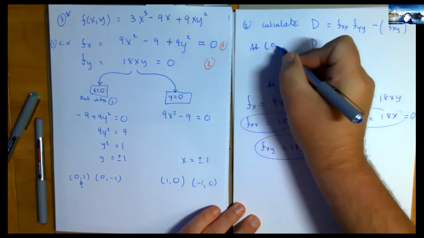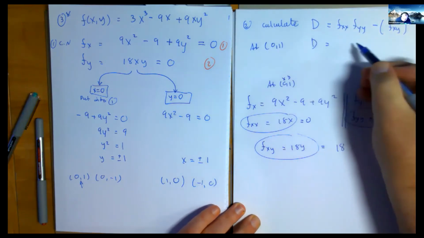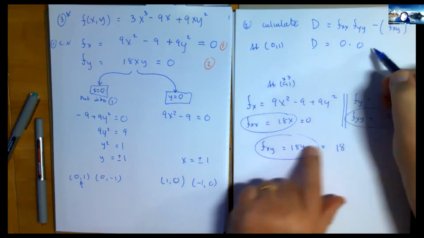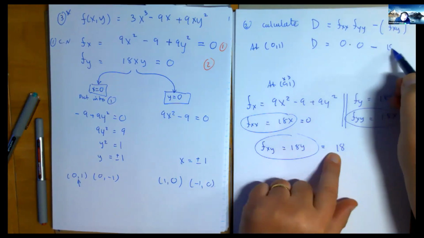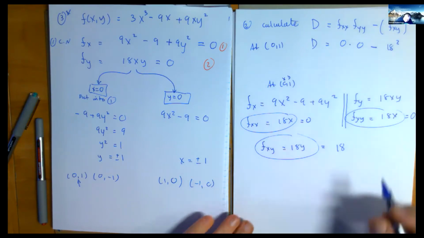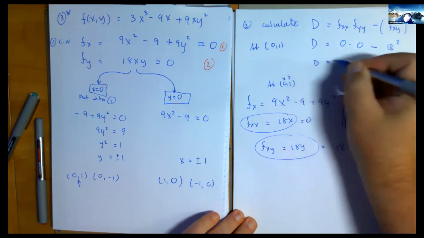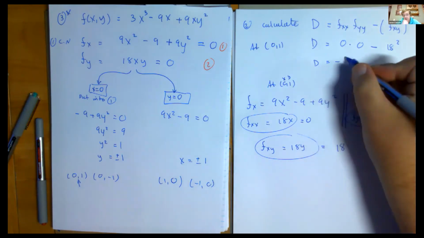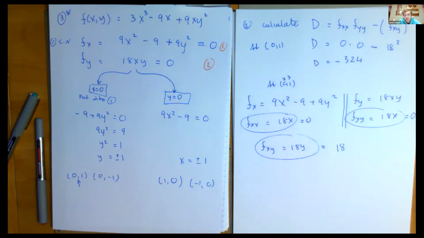0, 1 at least, D is equal to nothing times nothing, take away 18 squared, which makes D negative whatever 18 squared is. 324. Thank you. Now we use the test.